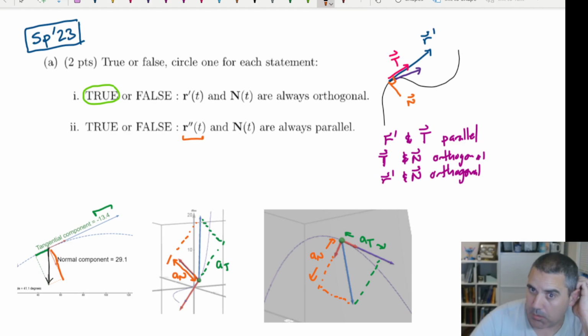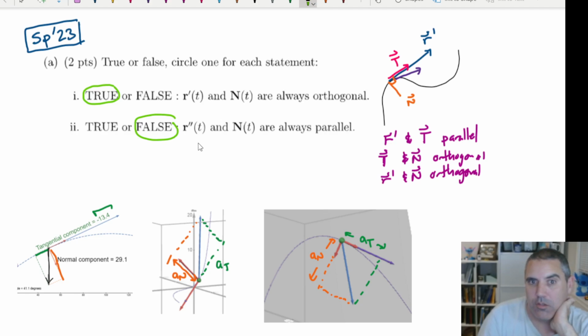Now, I'll just finish this by showing you those. So I haven't circled it yet, but you should know that this is false. Why is this false? Because you don't know which direction this points. It is not always parallel. Here are 3 examples where it's not parallel.